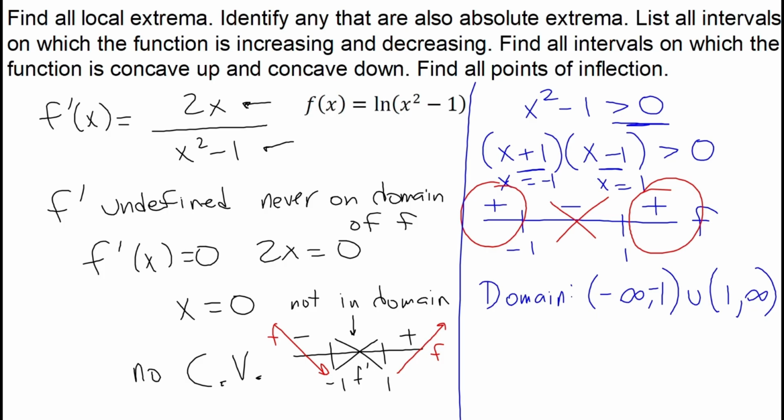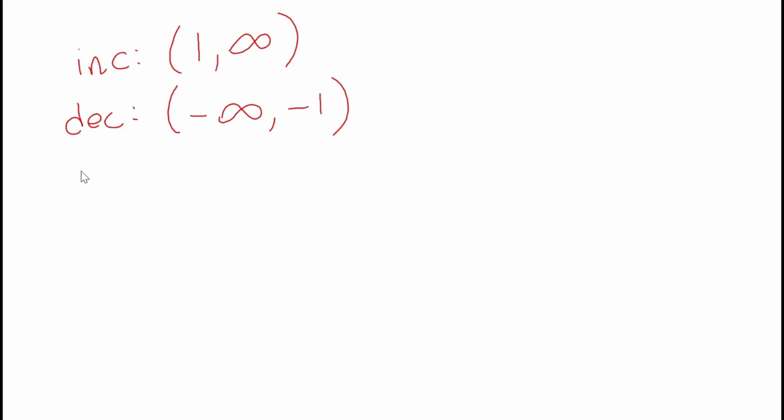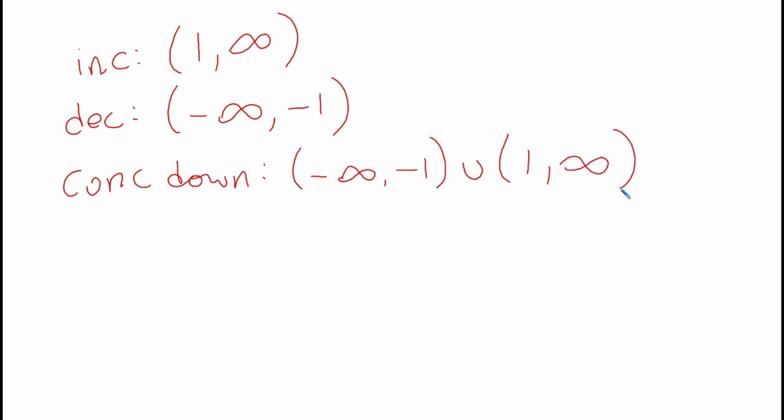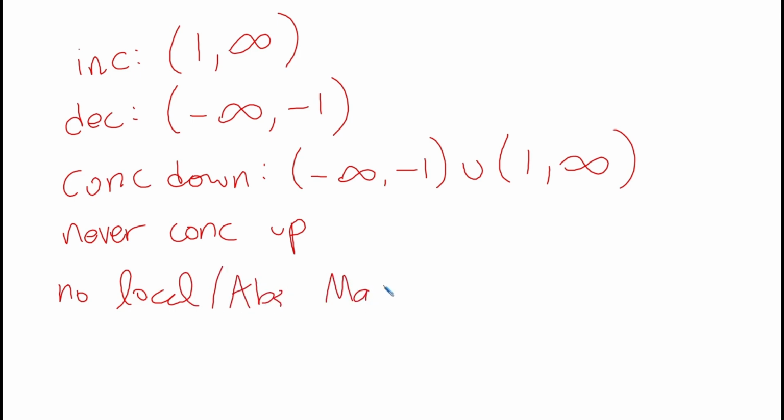If we look back to that sign chart, we decreased from negative infinity to negative 1 and increased from 1 to infinity. We were concave down on our entire domain, right, which was negative infinity to negative 1 and 1 to infinity. We were never concave up. And we had no local or absolute max or min. And we had no points of inflection.